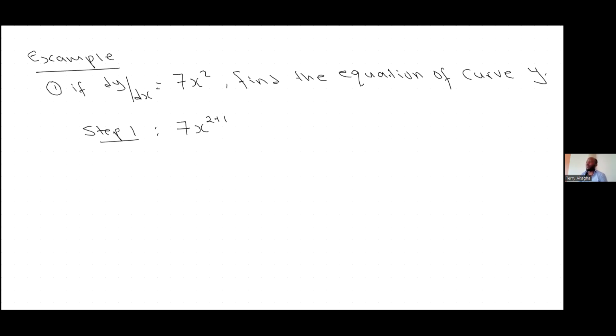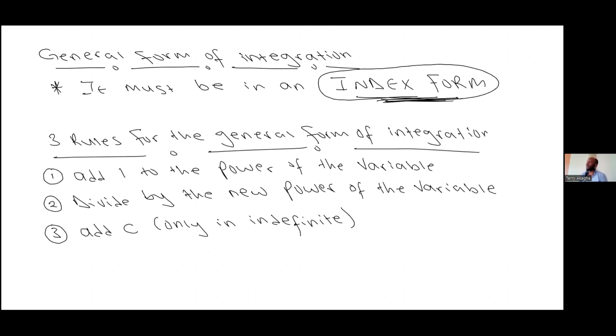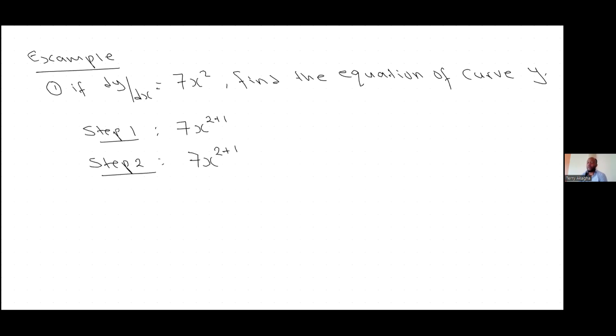Then step 2, you divide by the new power. So this is x to the power of 2 plus 1, and you divide by the new power of the variable, so it's going to be divided by 2 plus 1. This gives us 7x cubed divided by 3.